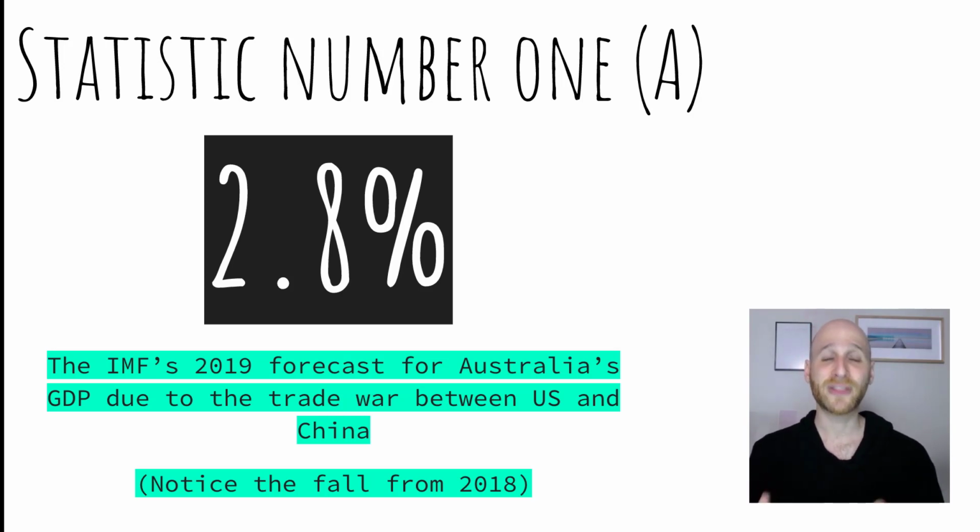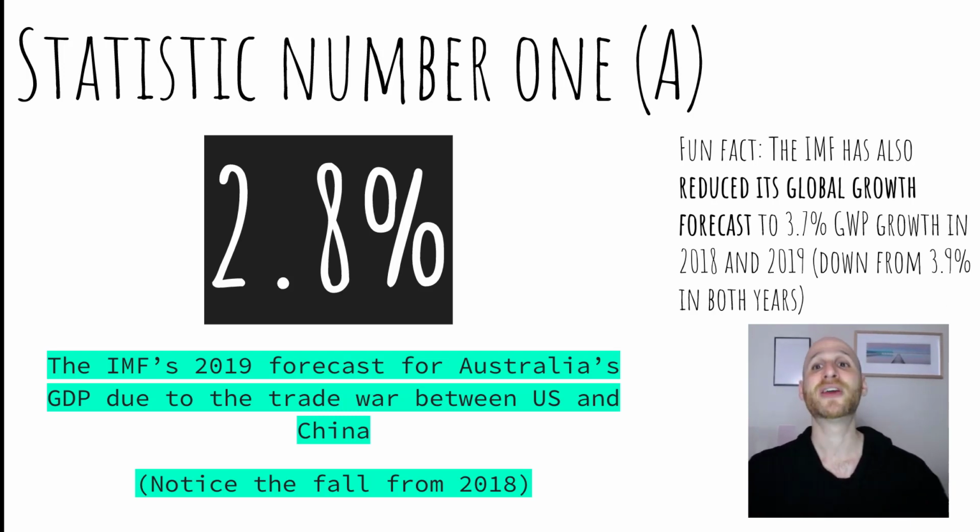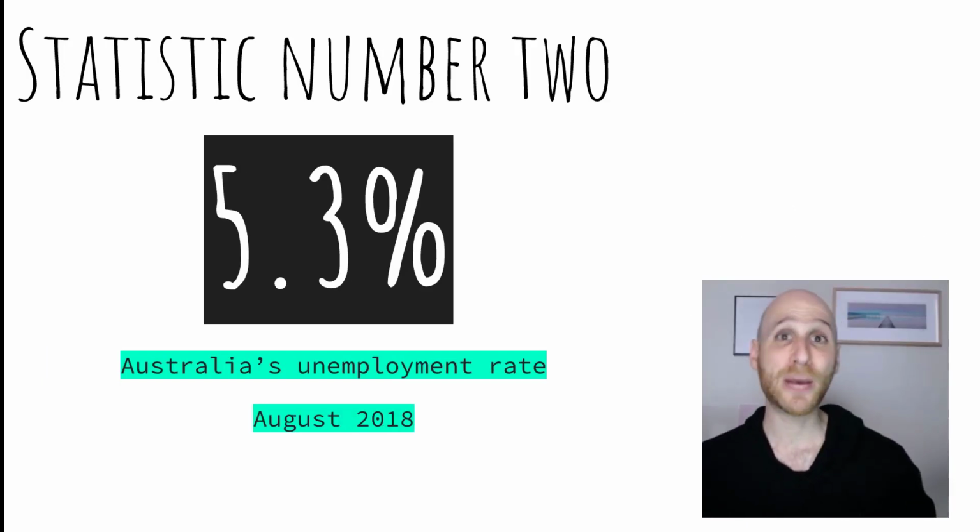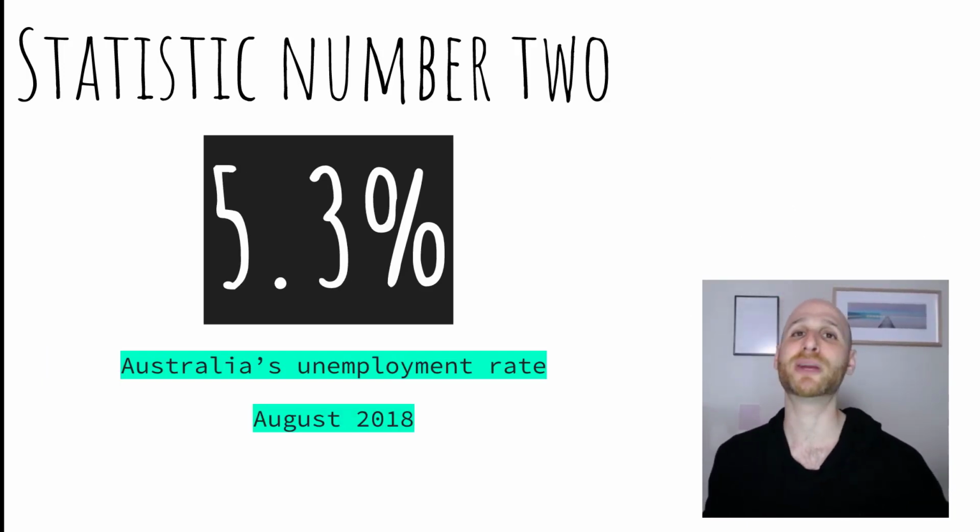So notice the decrease from that 3.4% to the IMF thinking growth will be more like 2.8% because of these trade wars. Also, fun fact, the IMF has reduced its global growth forecast to 3.7% in 2018 and 19, down from 3.9% previously.